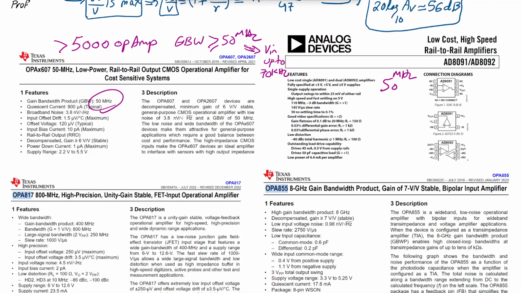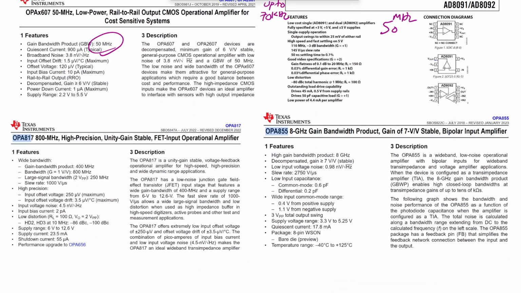But if you want to go to video applications and even higher, then let's say OPA817, an 800 megahertz FET input op-amp, which means very low offset and input current, from Texas Instruments could be a very good choice.